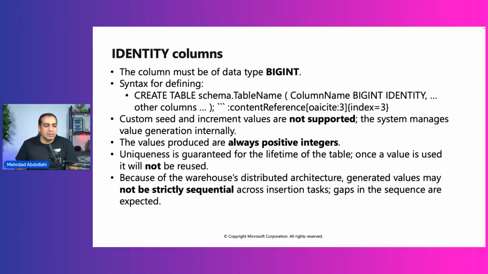But one of the limitations here in Fabric is that you cannot seed it, and you cannot specify the increment values. These are things you can do in SQL database, but not in data warehouse in Fabric. And actually, the system manages the value generation internally.